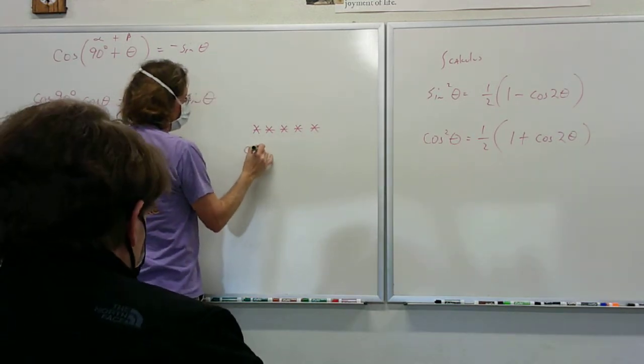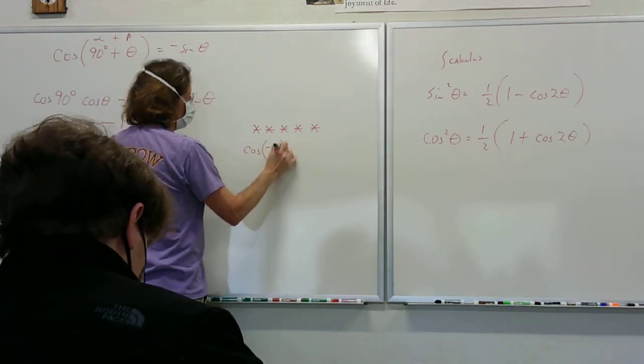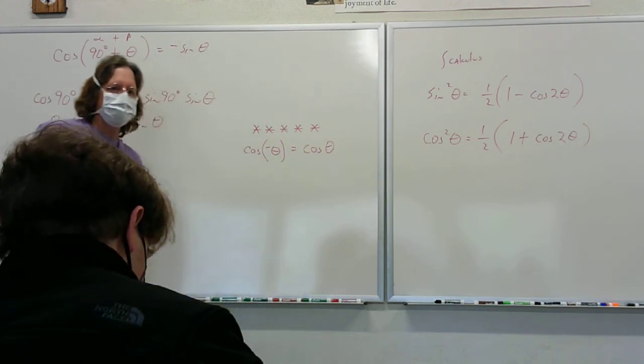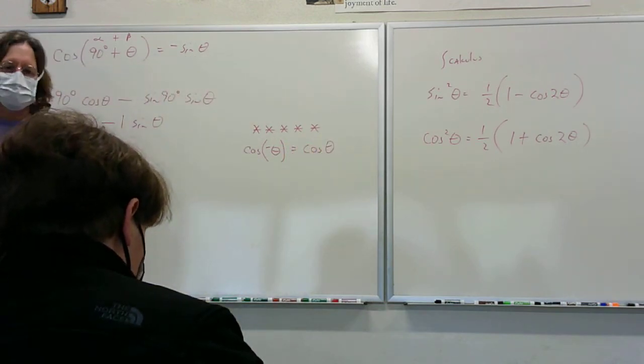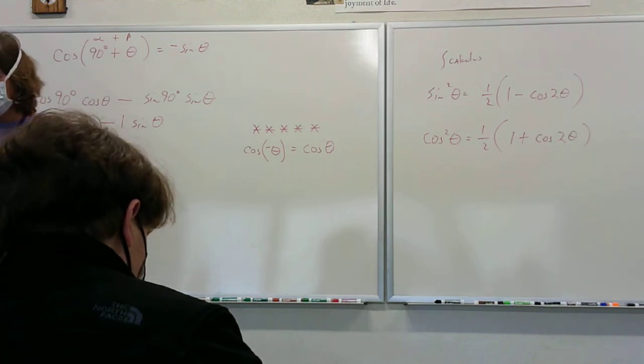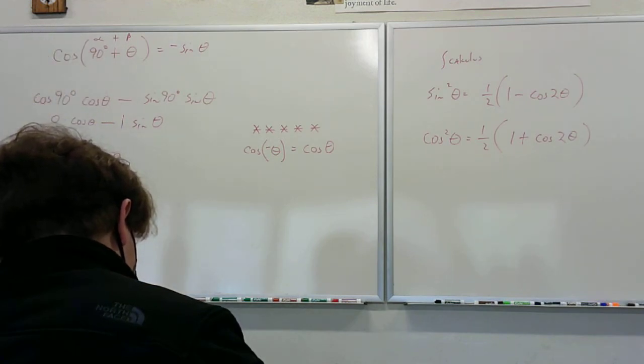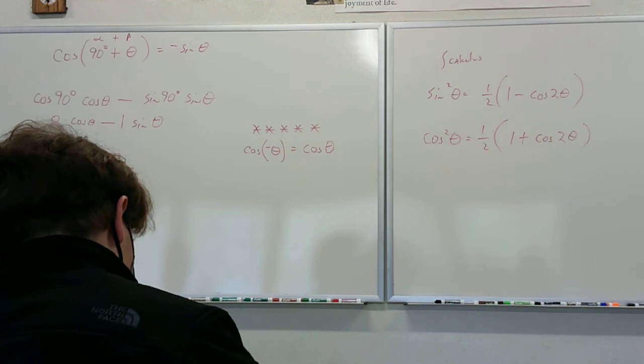The cosine of a negative angle is equal to the same thing as the cosine of the positive angle. The cosine of negative 15 and the cosine of 15 are exactly the same thing. Look on your unit circle. If you go from the 0 point and go down, or you go up, do you notice you get the same cosine values?